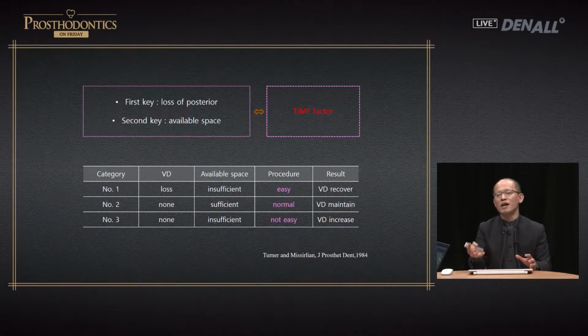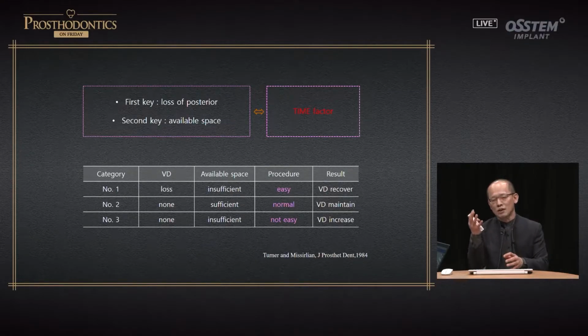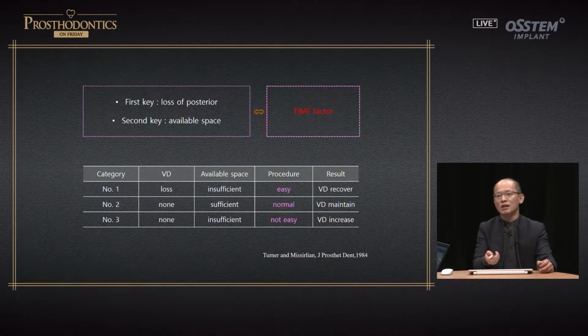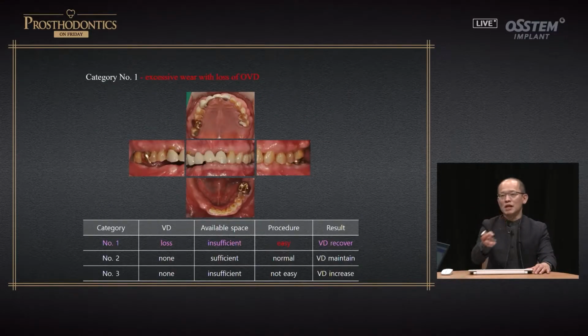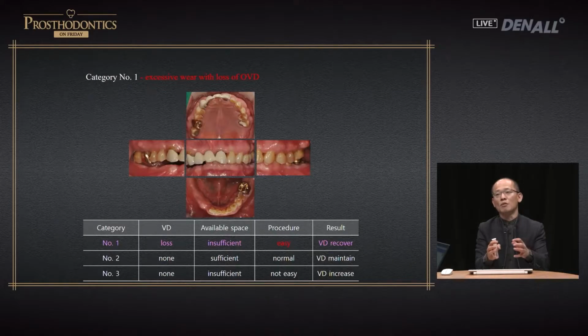Some come late, and there's a lot of wear, so you have to be considerate of that. As you can see, there's a loss on the posterior side, and a lot of wear here. Excessive wear is happening very quickly, and VD needs to be recovered.